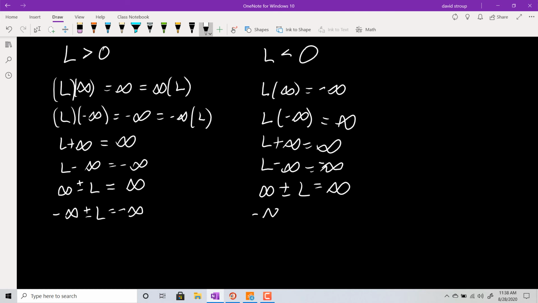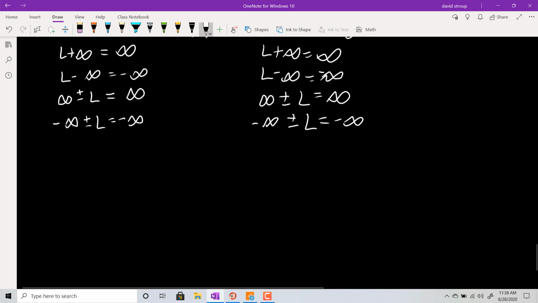And negative infinity plus or minus L will still be negative infinity. And then for multiplications of two infinity types, if you have infinity times infinity, for example, something like the limit as x goes to 0 from the right of, let's say, 1 over x, sorry.